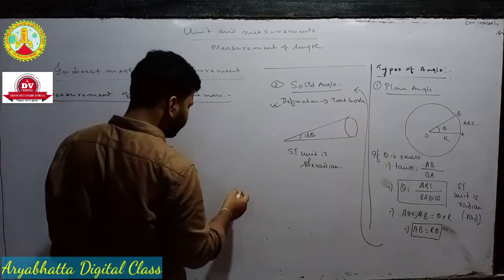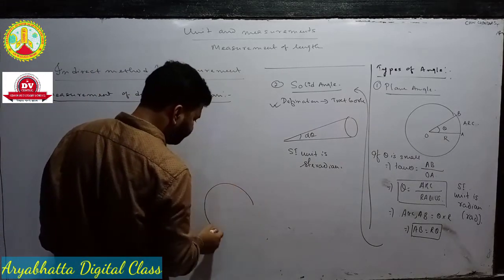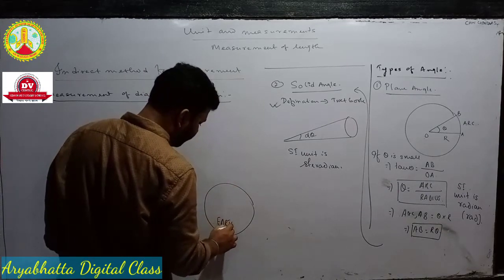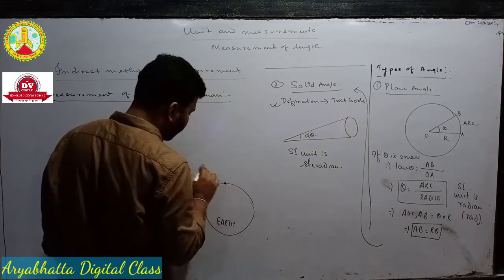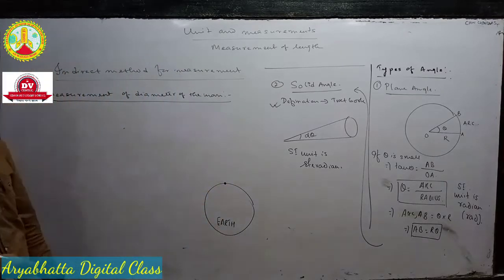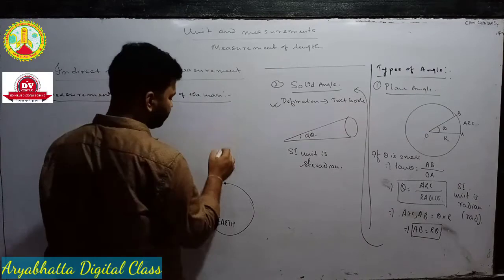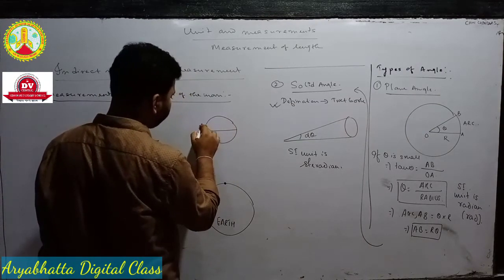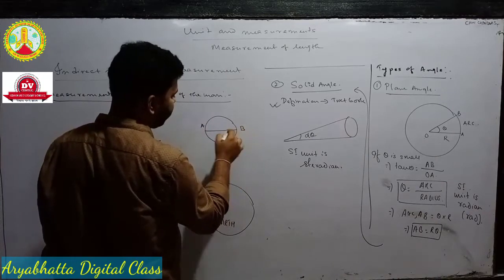Okay, so let us look at this. Suppose this is the earth, और हम सब लोग कहाँ पे है? We are on the surface of the earth. This is suppose say the moon here, and this is the diameter of the moon AB.